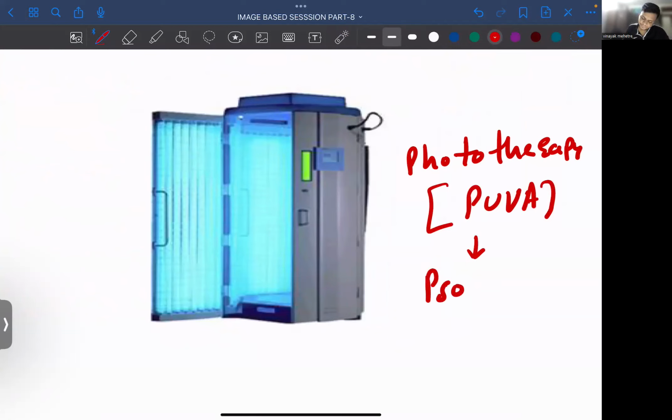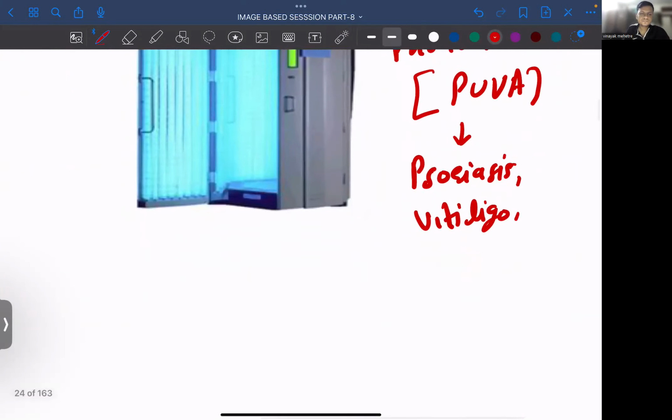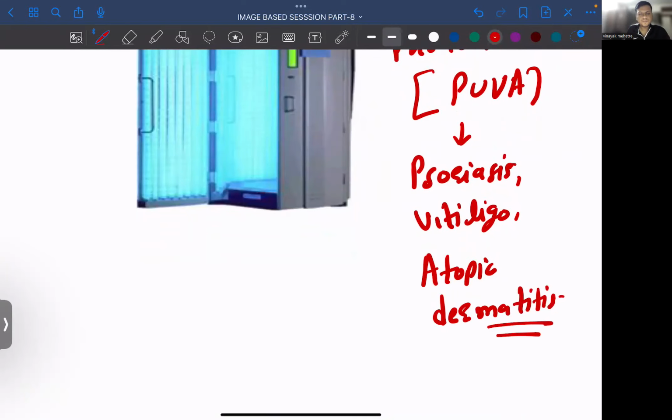Psoriasis, vitiligo, correct. And one more, atopic dermatitis. Okay, atopic dermatitis, where we will use this.